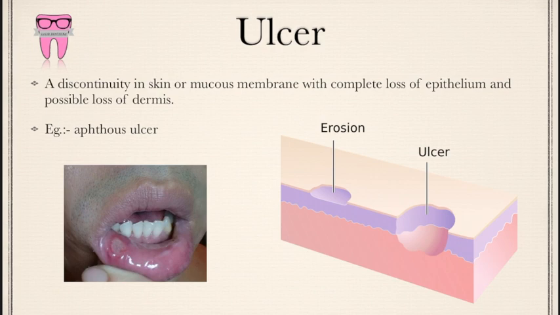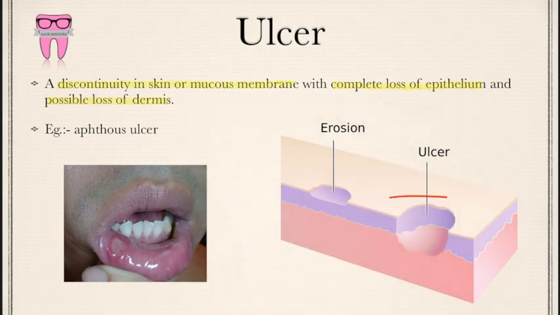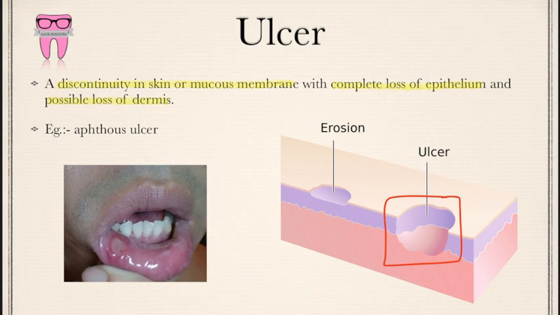Coming to the next lesion, which is present below the level of the mucosa, is an ulcer. Ulcer is a discontinuity in skin or mucous membrane with complete loss of epidermis and possible loss of dermis. As you can clearly see over here, this is an ulcer. This first layer is the epithelium.